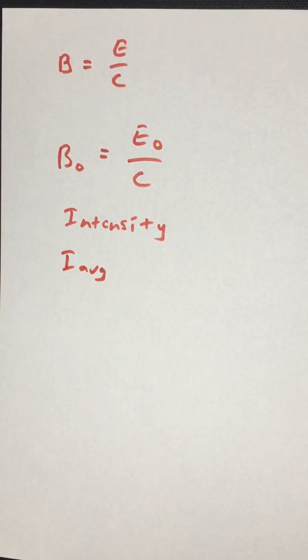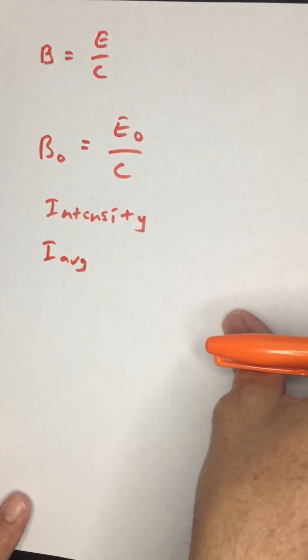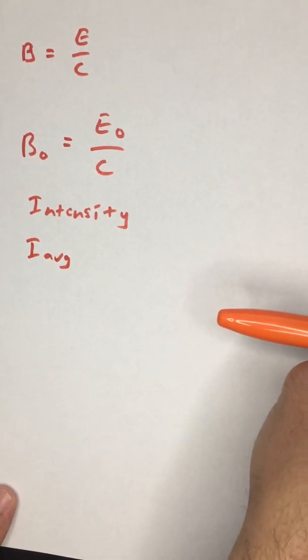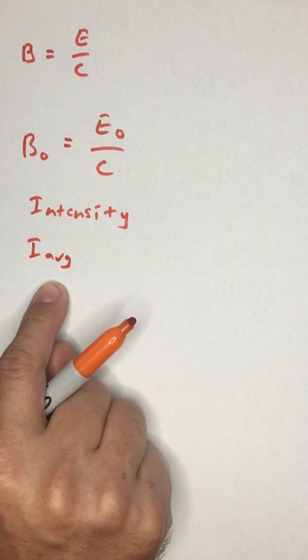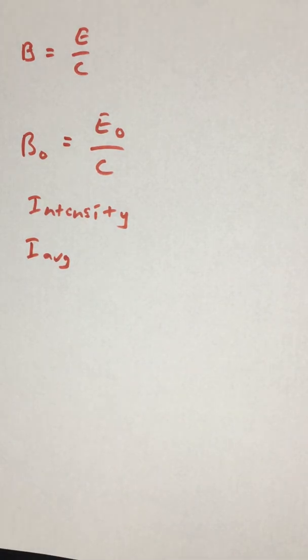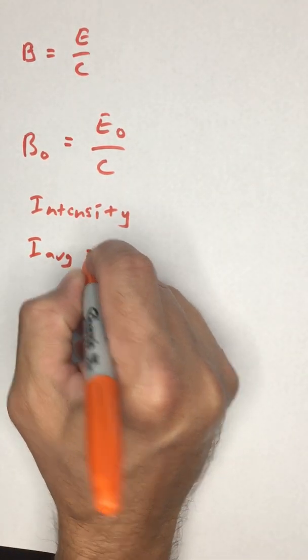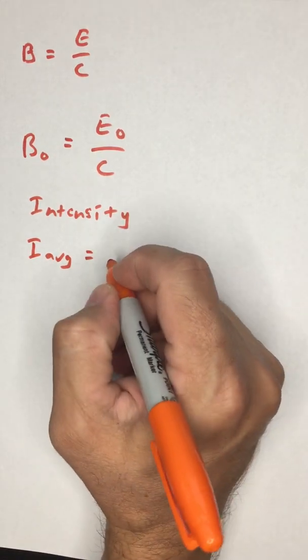Now the second question, how do I determine this? Do I look at the B field or do I look at the E field? The answer is you can look at either one. So I'm going to give you two forms of this equation, one in terms of the max E field and one in terms of the max B field. Here's the average intensity in terms of the max E field.